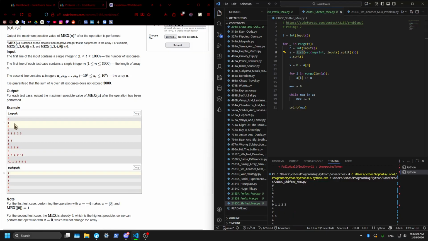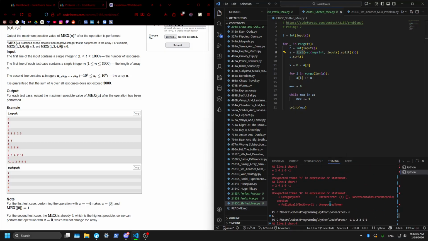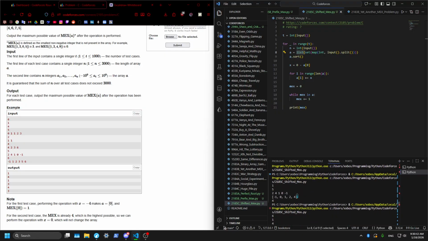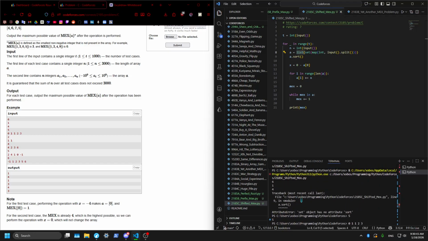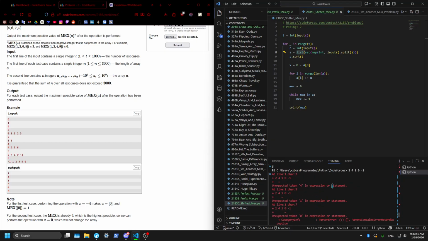Is it messed up now? 1, 4, 1, 3, 4, 3. 1, 4, 1, 3, 4. This is wrong. Was this originally wrong? Because it was right originally, right? Oh, I definitely need to clear this. It was right originally. So sorting it broke something.